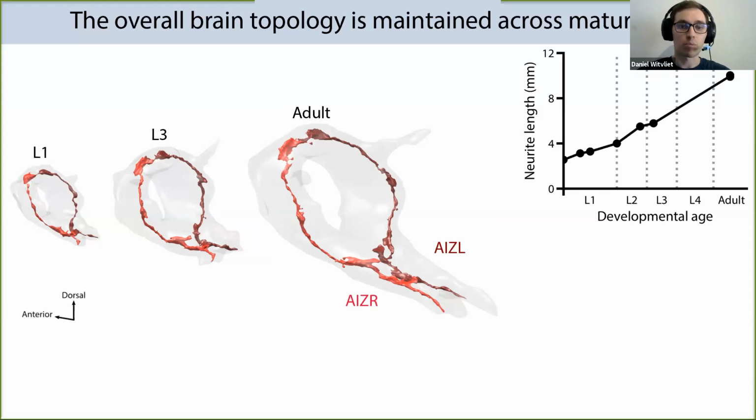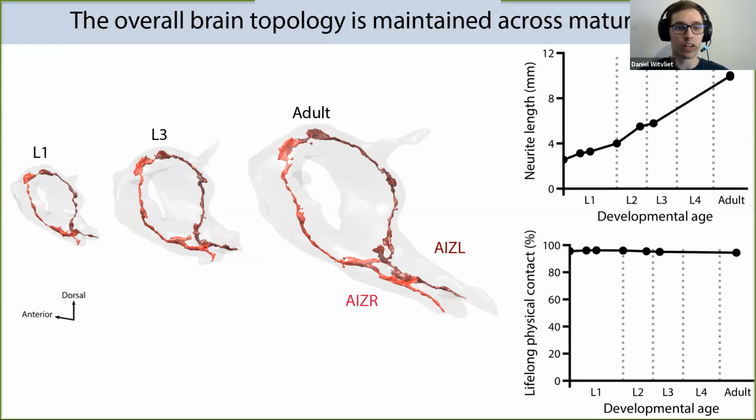And this growth is proportional such that the physical contacts between cell pairs are mostly persistent throughout life. And here the y-axis is simply the percentage of physical contacts between cells that you see across all data sets. So for example, more than 90% of all the physical contacts at birth are present throughout life. So the overall shape and relative size of neurons in the brain is maintained after birth.